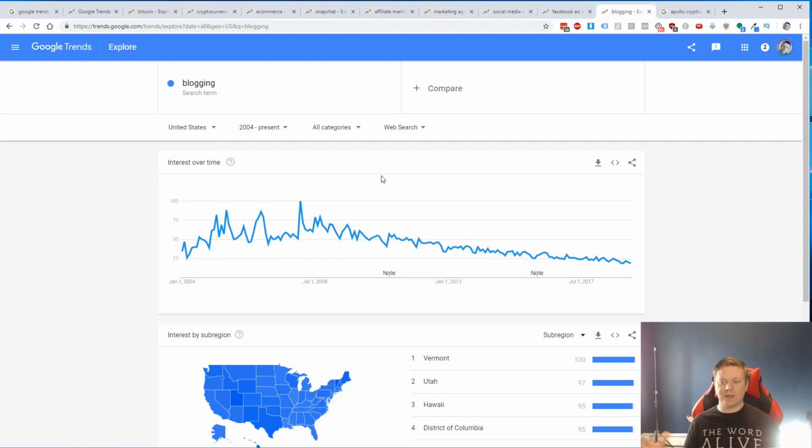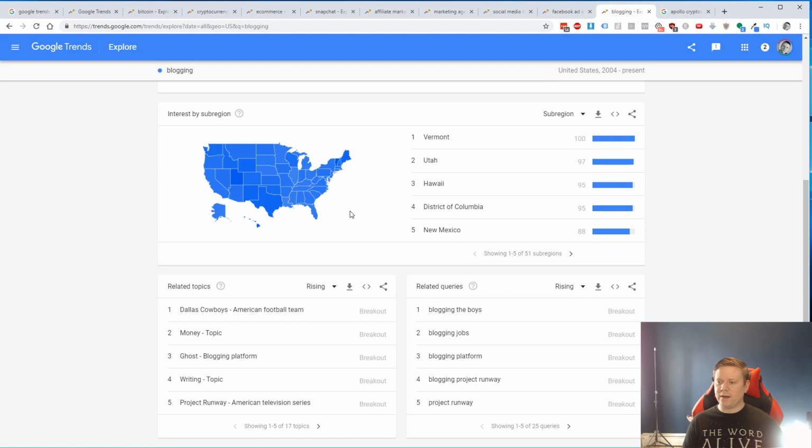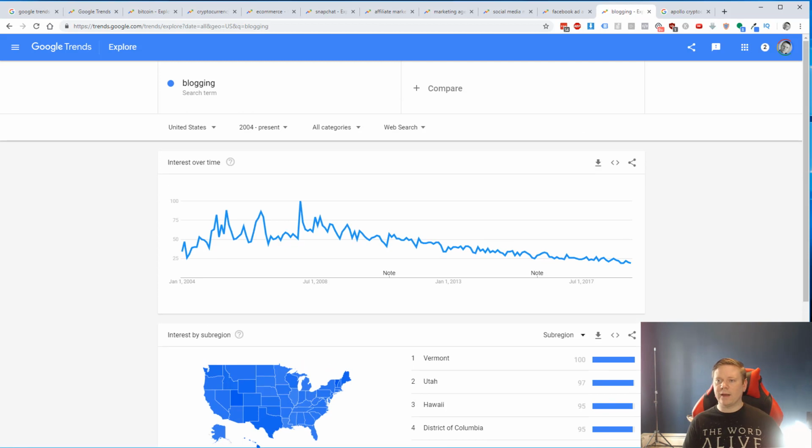So you can use this as a bigger example to figure out what's really going on with these particular topics. Other than that, that's pretty much it. You can also share some of this data with other people, embed it on a website, or download it. You can filter by what's currently at the top and what's currently rising, and really just use this as a means of figuring out what kind of business you want to build.